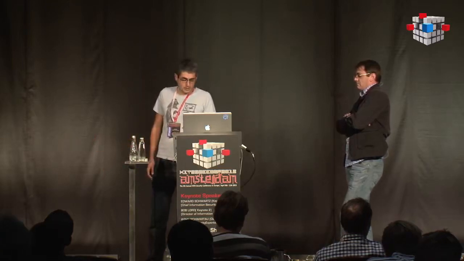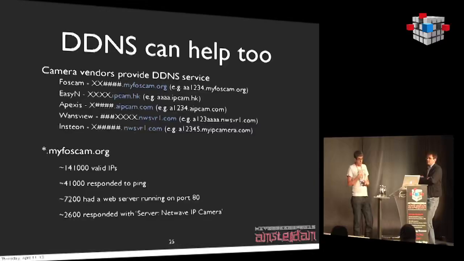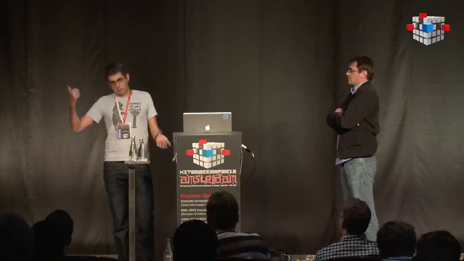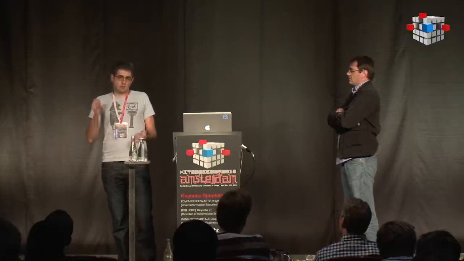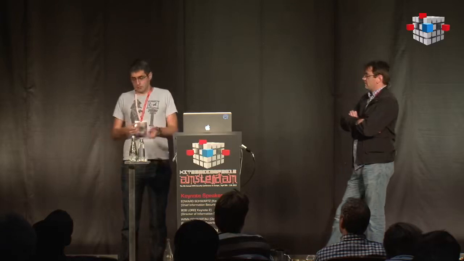The other way to find cameras is DDNS. Since this is a very consumer-oriented product, the camera vendors provide a DDNS service. Each camera has a pre-assigned host name, and whenever you hook the camera to the network, the first thing it does is dial back home saying this is me, so that in their DNS server there is a record which associates this hard-coded host name with your IP address.